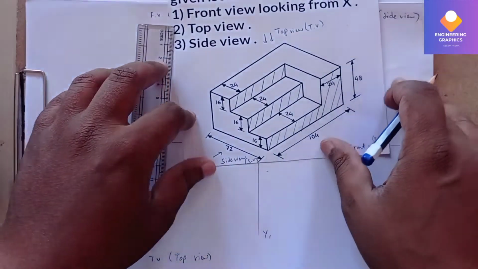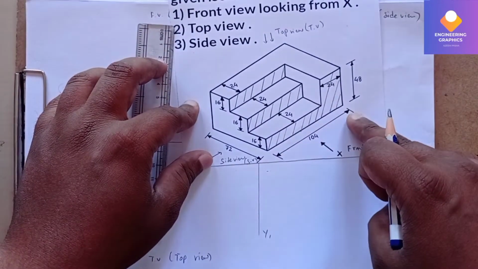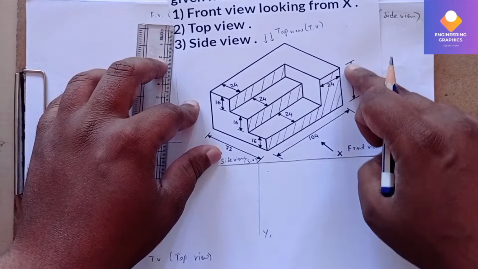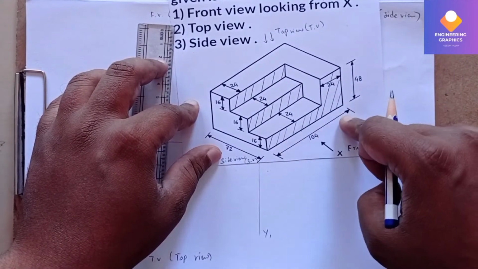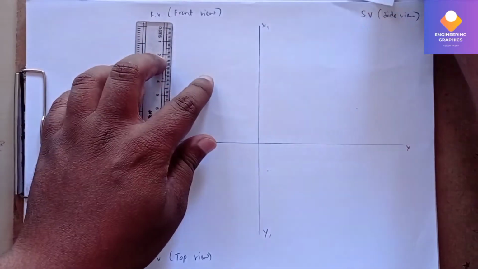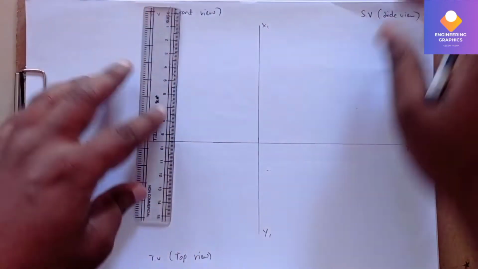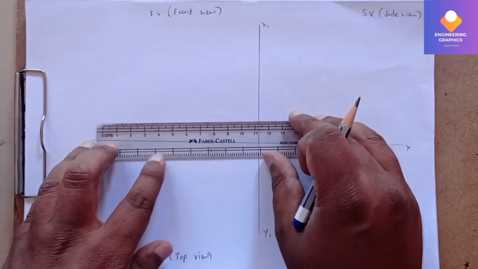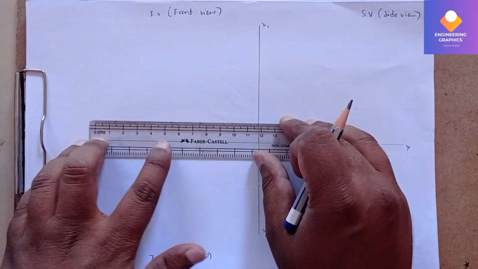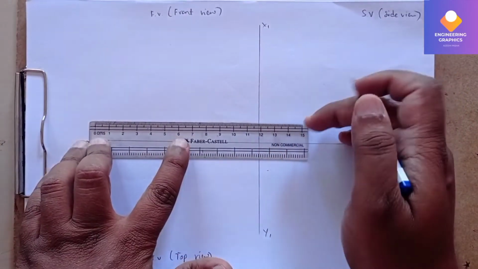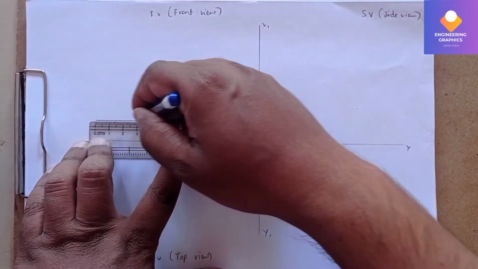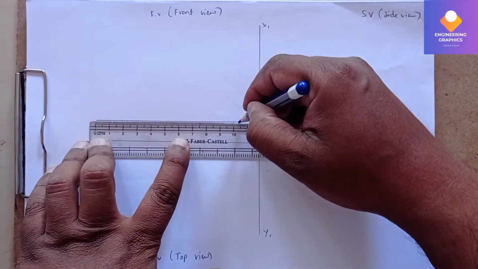We need to draw it. You can see the length is 104 mm and the height is 48 mm. So we can construct one rectangle of 104 by 48 mm with thin lines. I'll be drawing a horizontal line for 104 mm. All these dimensions are in mm.